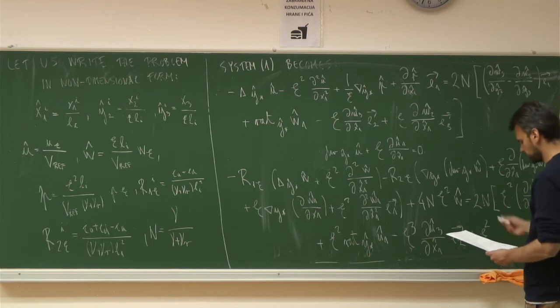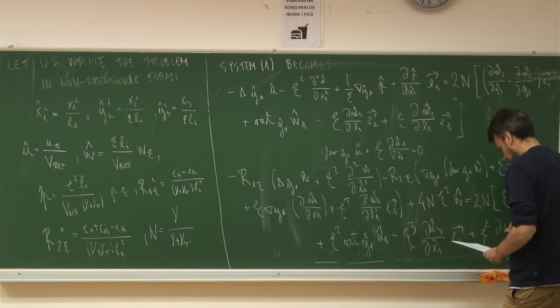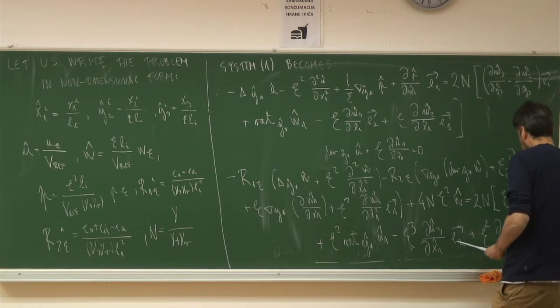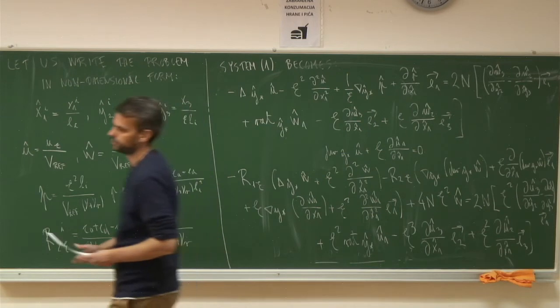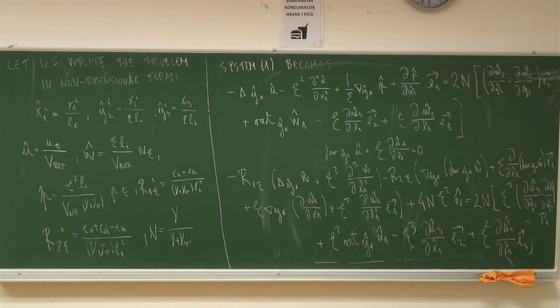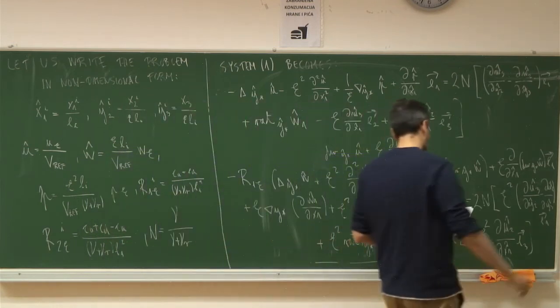squared. I will just check this in the paper. du2 kappa over dx1 d3. Let me just check if the coefficients are okay. Yeah, I think you have epsilon to the third now. So here you have epsilon to the third.